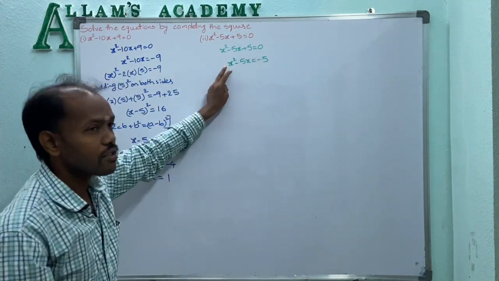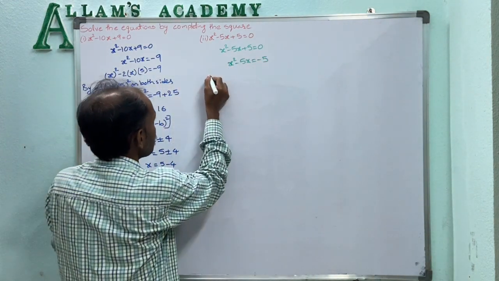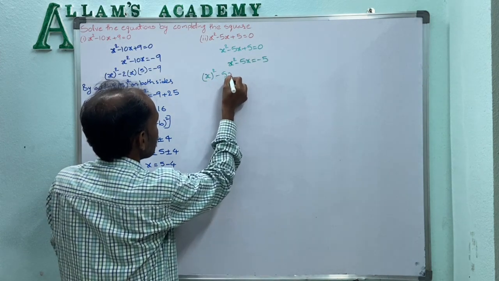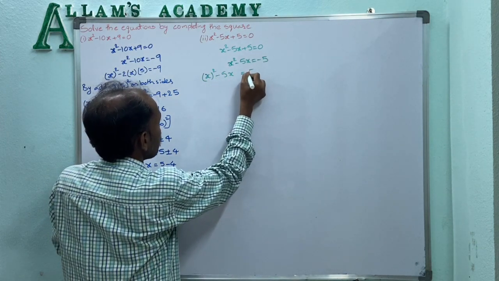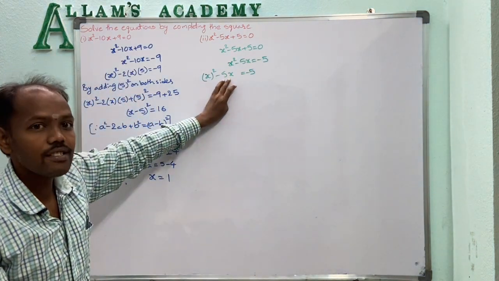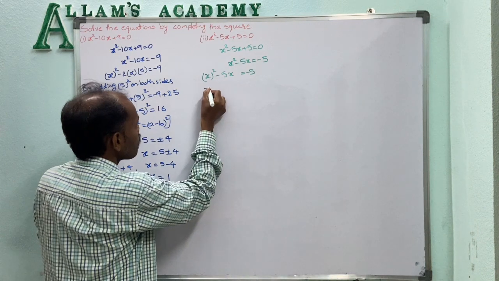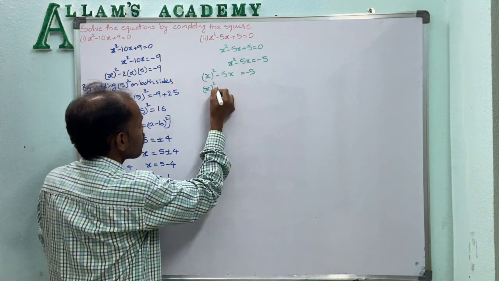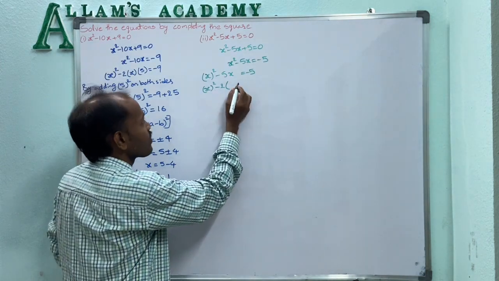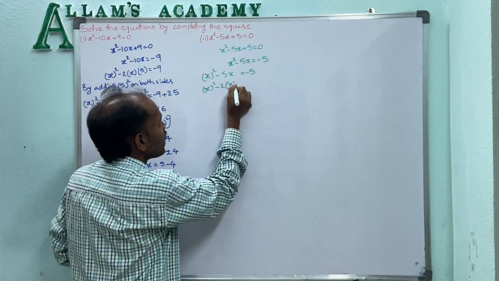Now x square we can write as x whole square, minus 5x equal to minus 5. Here we want to write this 5x as the 2ab term, so x whole square minus 2ab. Taking a as x, we have 2 into x.